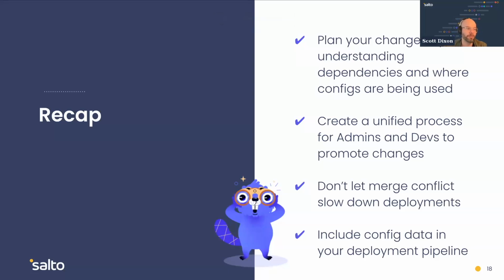Don't let your merge conflicts slow down deployments; we showed how in Salto we can help you create a more consistent deployment conflict strategy. And using Salto to include configuration data in your deployment pipeline, so you don't have two separate processes, but rather one process for all sets of your configuration.